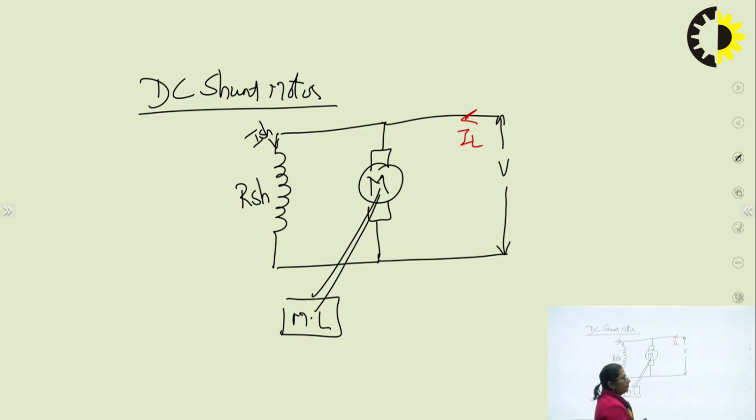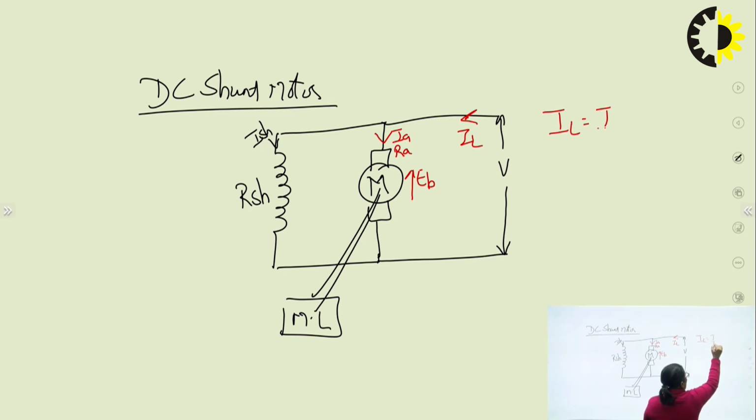And from the same supply, the armature would be fed, having an armature resistance of RA, having a back EMF of EB. If that is so, now I can have the relations. I have three currents. So the relation is IL is equal to IA plus ISH. This is the incoming current, the total current taken by the motor. The current in the armature is IA and ISH.